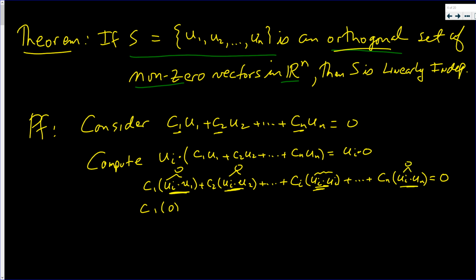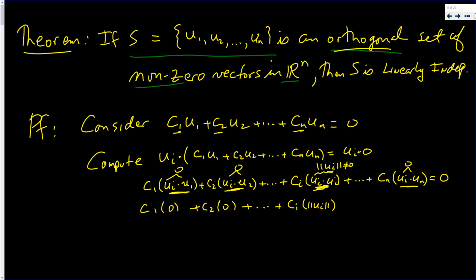And this here is just the length of u sub i. So we have c1 times 0, plus c2 times 0, all the way down to ci times the length of ui, all the way down to plus cn times 0, is equal to 0.